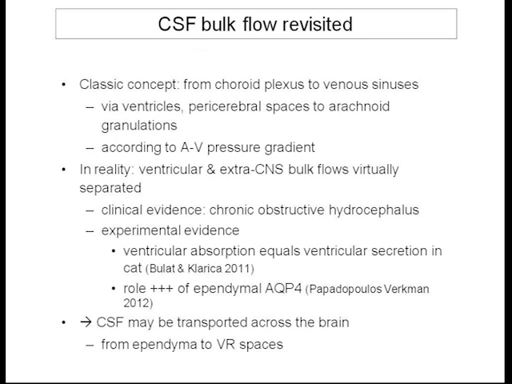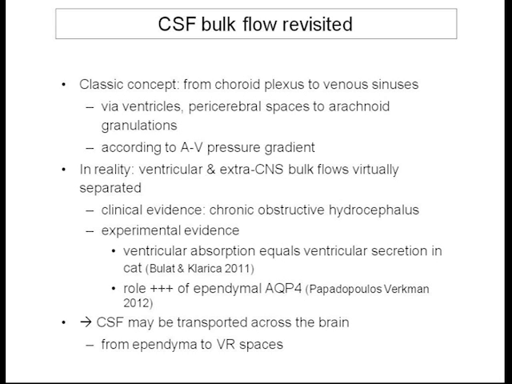So if we talk now about the CSF bulk flow, traditionally, the classic concept is from choroid plexus to venous sinuses. But in reality, it is likely that even in normal conditions, the ventricular and extraventricular CSF flows are completely independent. There is clinical evidence from chronic obstructive hydrocephalus.